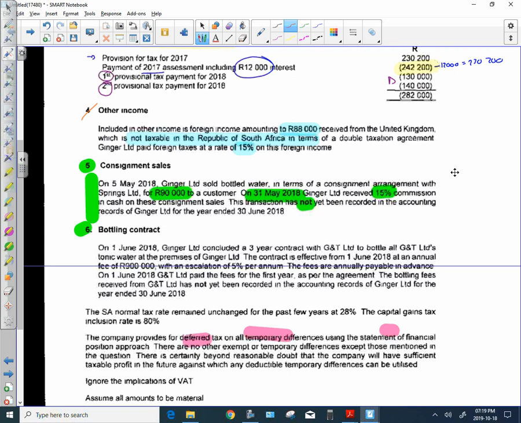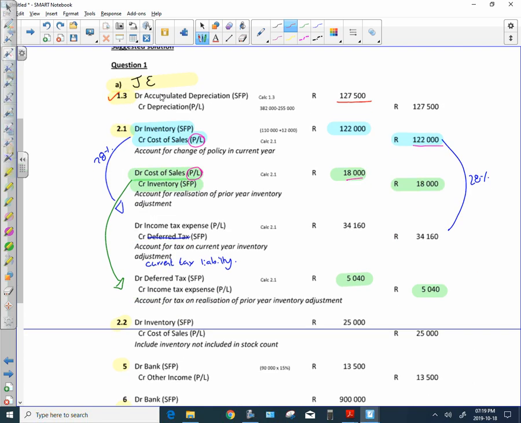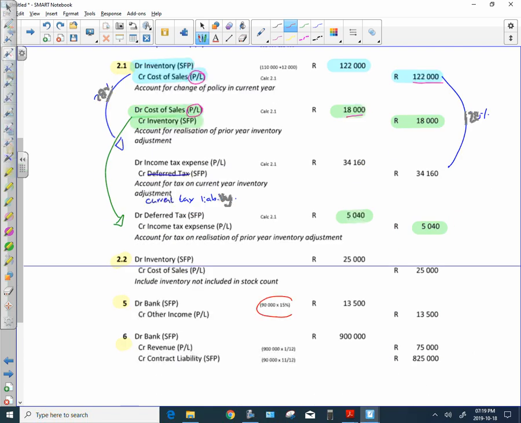Debit, have they paid us for this? I don't know. They didn't say, did they? Commission in cash. Received commission in cash, great. So debit bank, credit revenue, 900,000 times 15%. That's 900,000, right? Not 90. Is it 90?